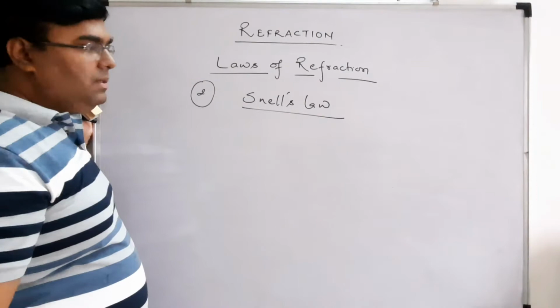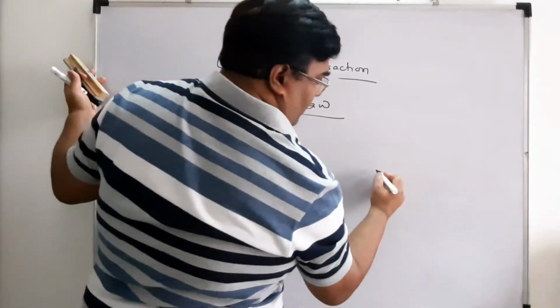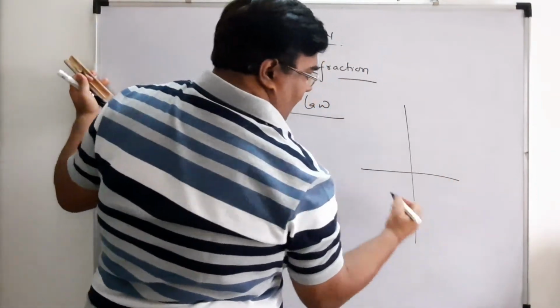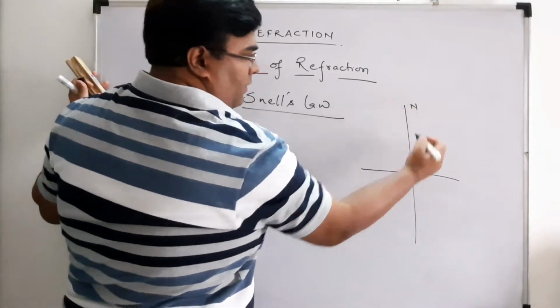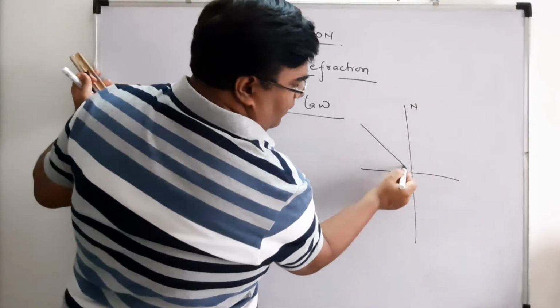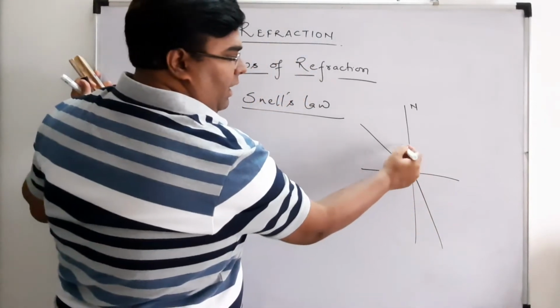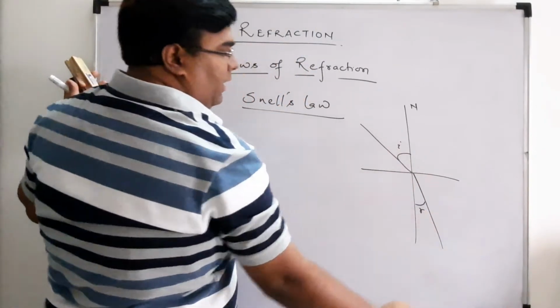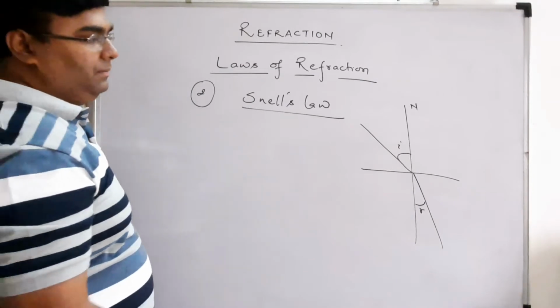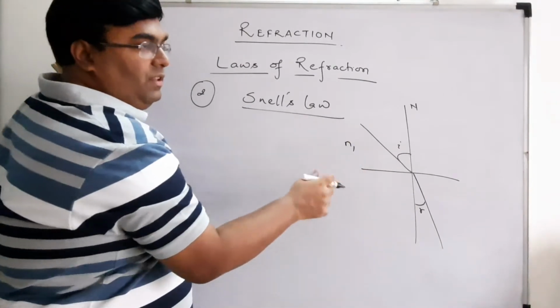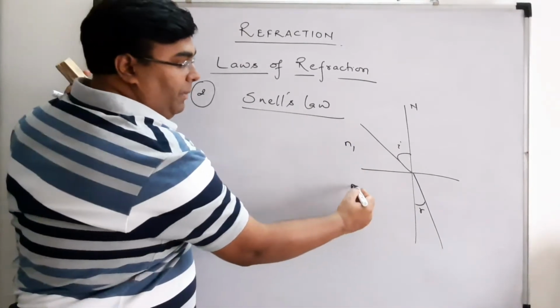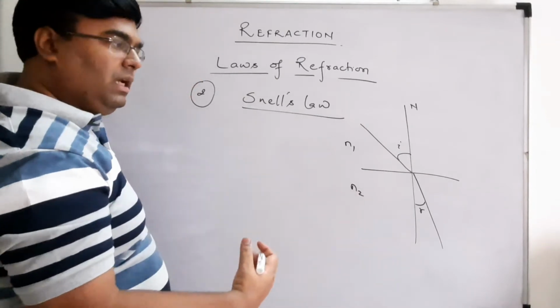What it says is that suppose this is my normal, this is my angle I, angle R, correct? Medium 1 with refractive index N1, medium 2 with refractive index N2.